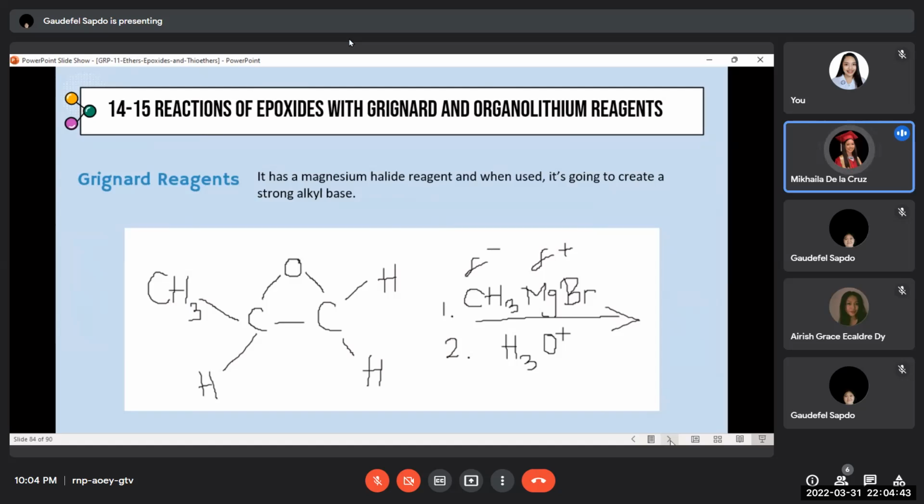As you can observe, there are two steps, numbers 1 and 2. In step 1, we create the Grignard reagent, which has a partially negative and partially positive. And step 2, we add the acidic wash. Again, the Grignard reagent is a base, so it will always be a base opening.